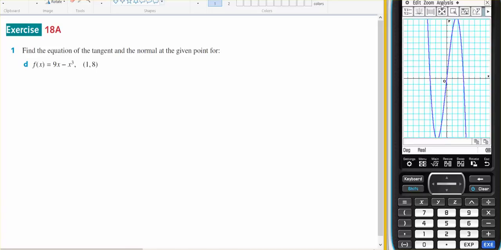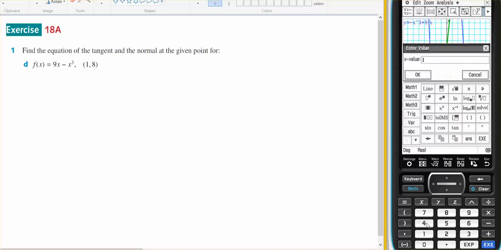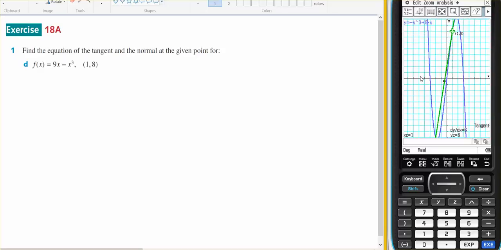I could go analysis, sketch, tangent at x equals 1, and when I press xy, it gives me the equation of the tangent. I could go analysis, sketch, and sketch the normal at x equals 1, and when I press xy, the equation of the normal appears there.